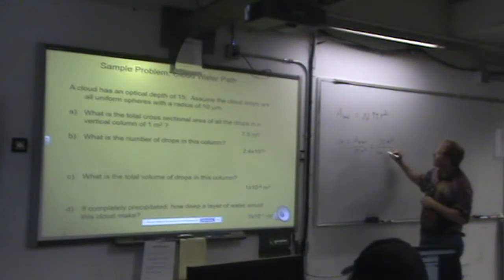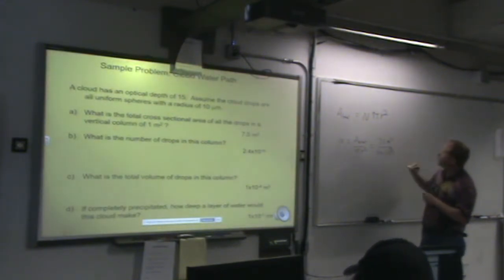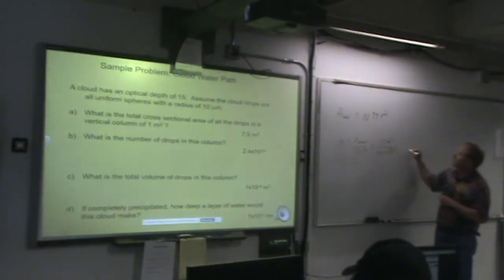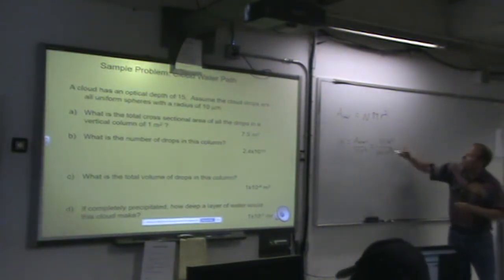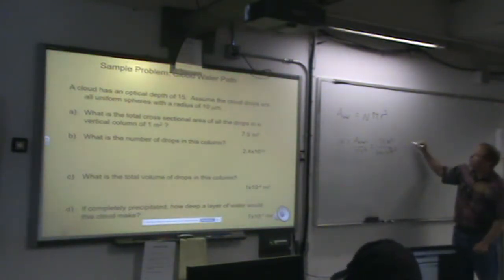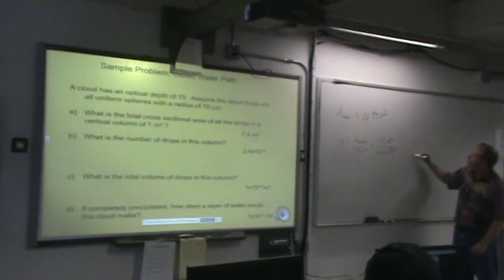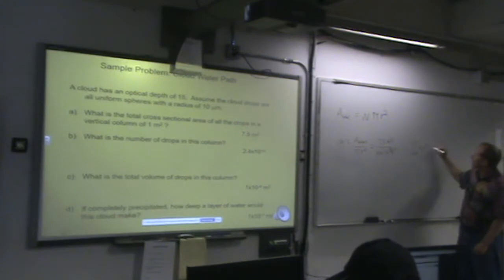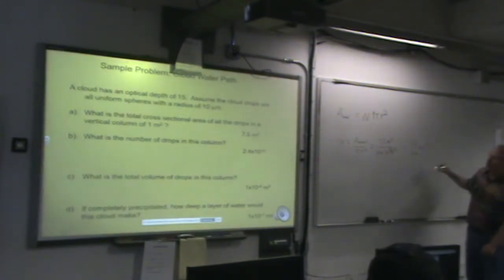And now we have to say 10 to the minus 5th meters squared. Oh, those are going to cancel out. 7.5 over 3.14 times 10 to the 10th. And then that's going to work out to about 2.4.